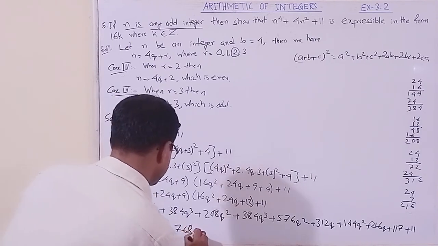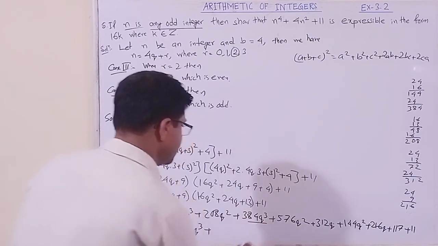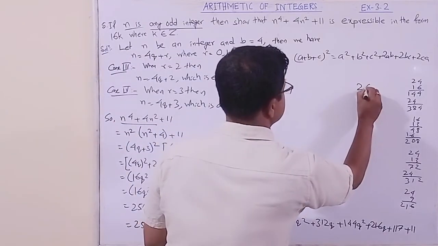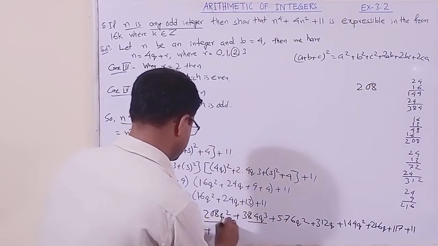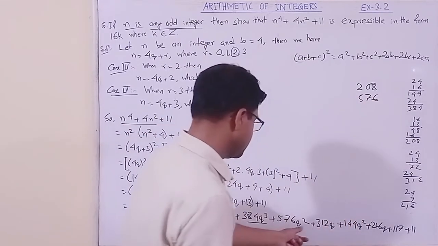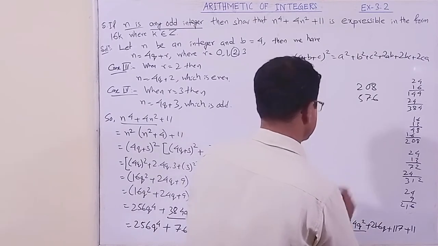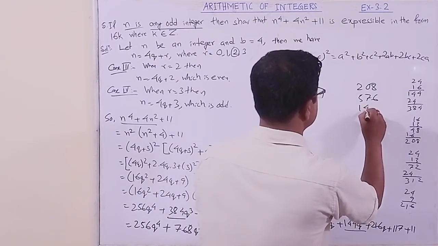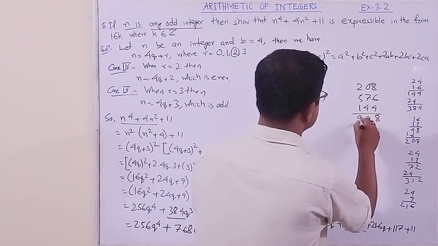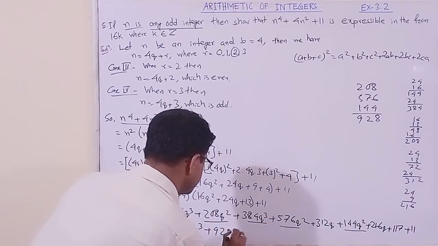It is q cube plus, so this is added, this is added. Then the term containing q square is 208, next is 576, next is 144, which gives 928 q square.